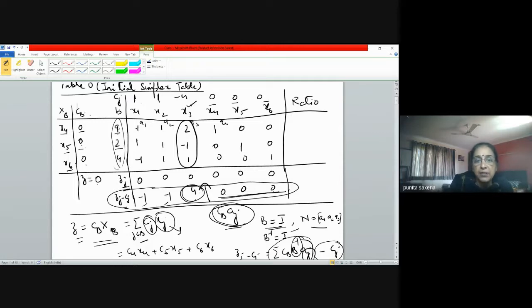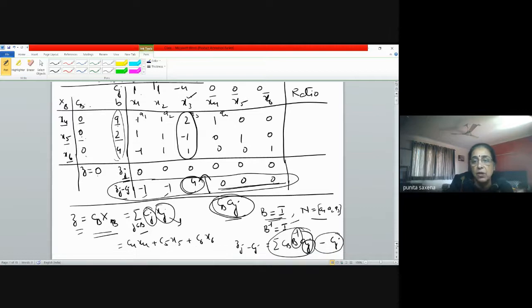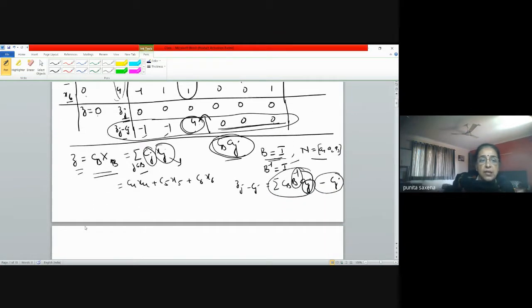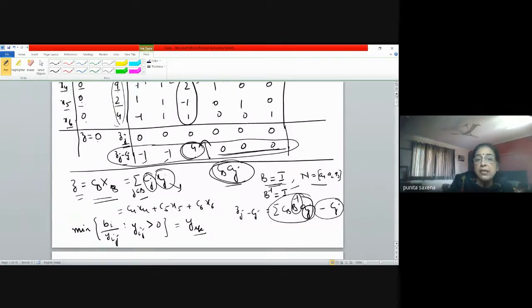B bar upon Yrk, that's what we compute. And if you go back to that formula for the entering variable, it was the minimum of Bi upon Yij such that Yij is more than 0. And this we call Yrk, or whatever name we gave it. This is going to define my leaving criteria.